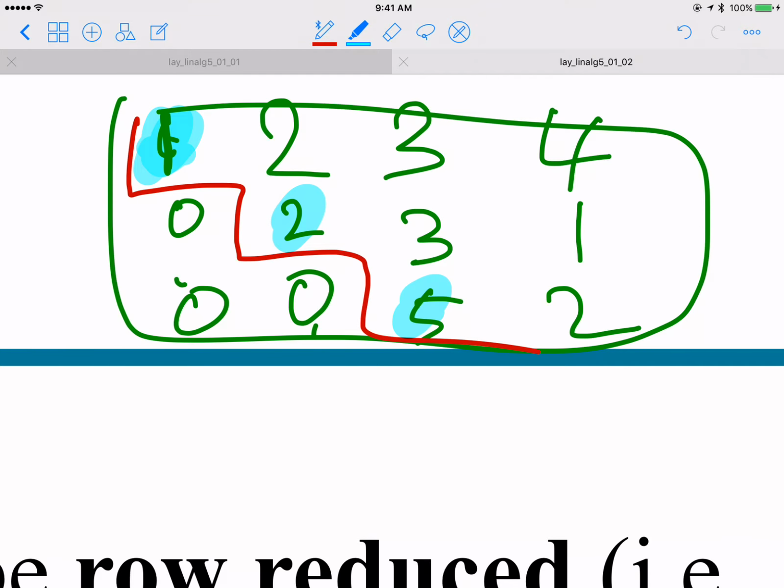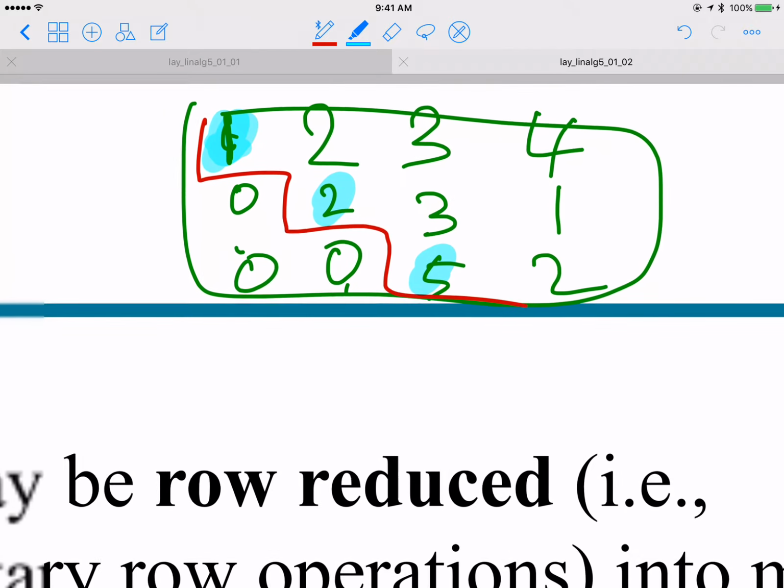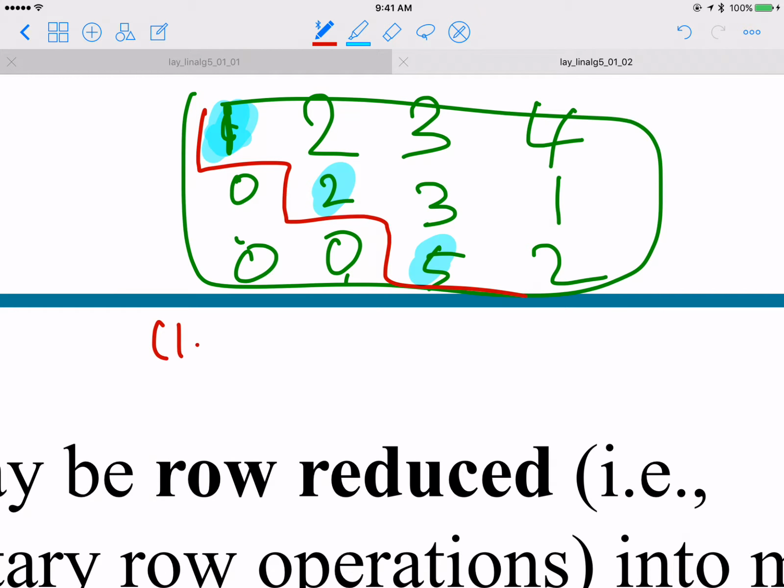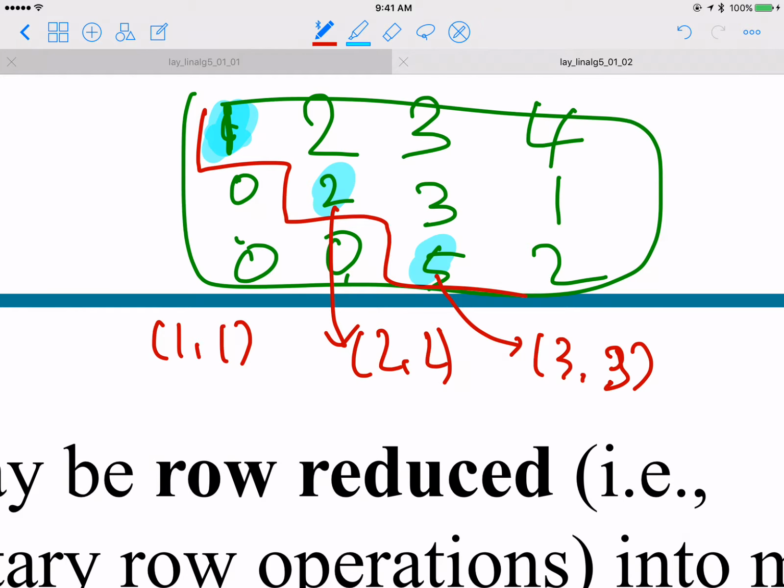So if your matrix is in echelon form, the leading entry has the special name of pivot, and the position of this pivot will have a really important meaning. The position of the pivot can be represented as 1, 1 in this case, and 2, 2, and this one will be 3, 3, right? So we can think about the positions of the pivots in terms of row position and column position.